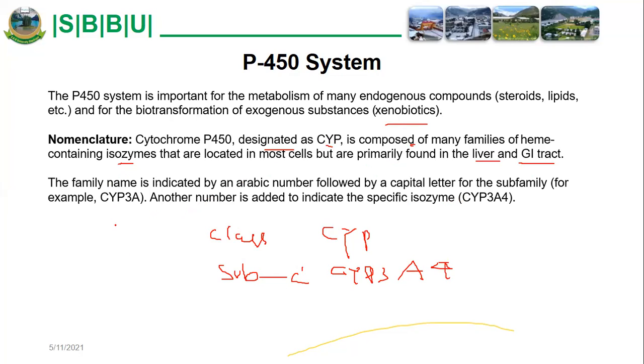The subclass is like CYP3A, and the specific isoenzyme can be written by adding a certain number, like CYP3A4. This is the specific isoenzyme. The class can be represented with this one. So this is the general classification of these enzymes.